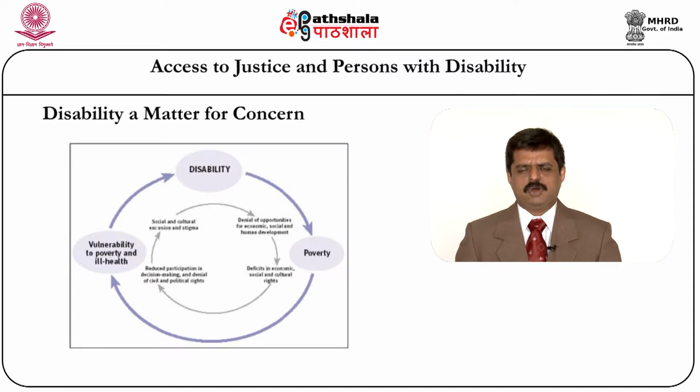The inner smaller cycle suggests that a disabled person is denied political, economic, social and human development because of a limited range of opportunities. His social, economic and human development index would be at the lowest.